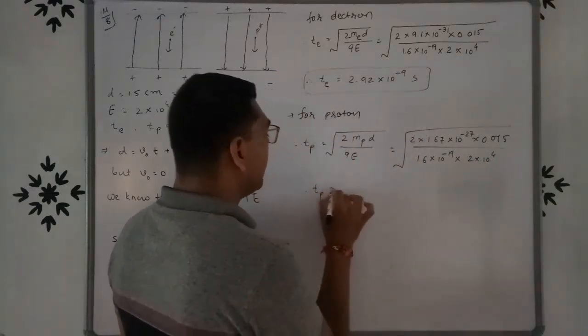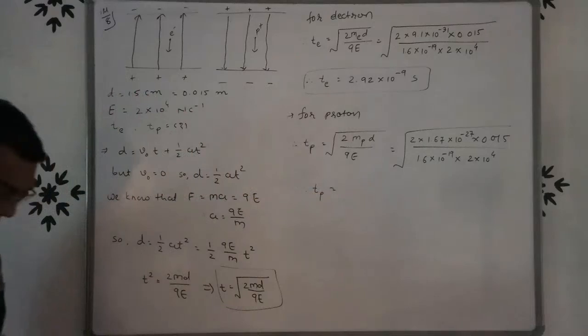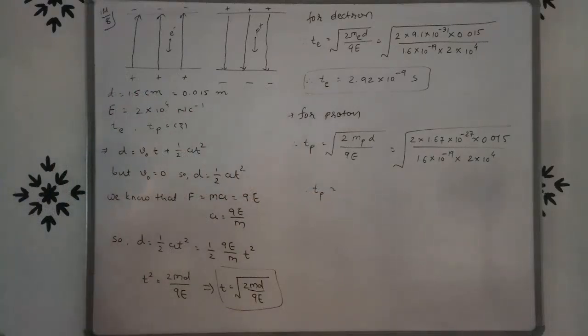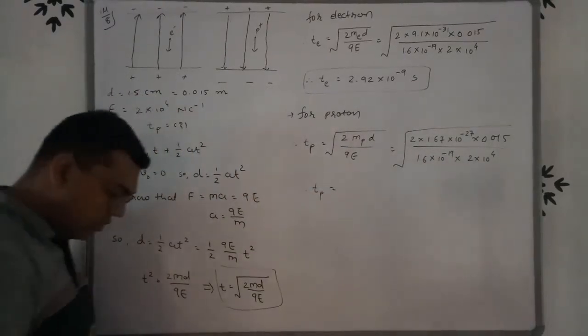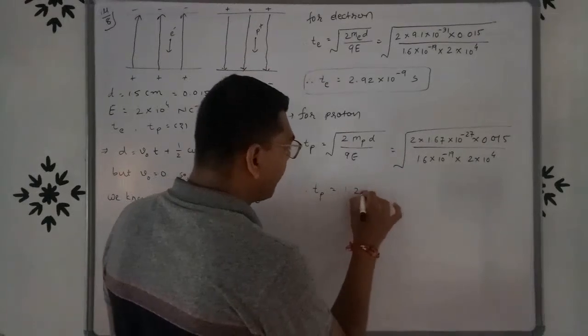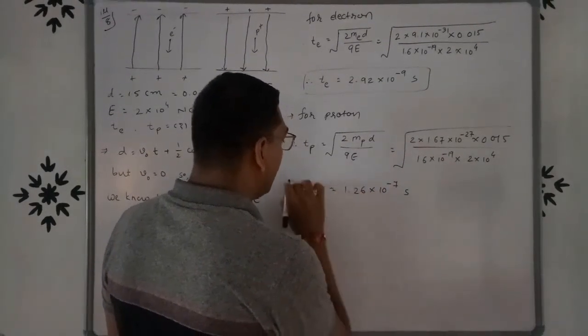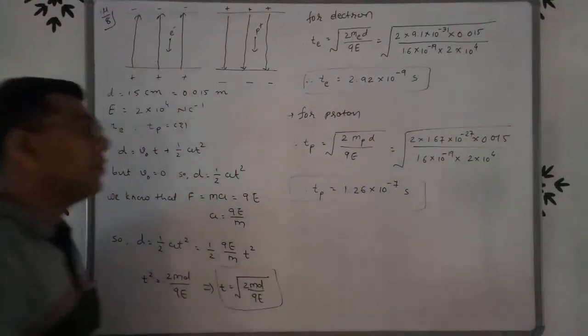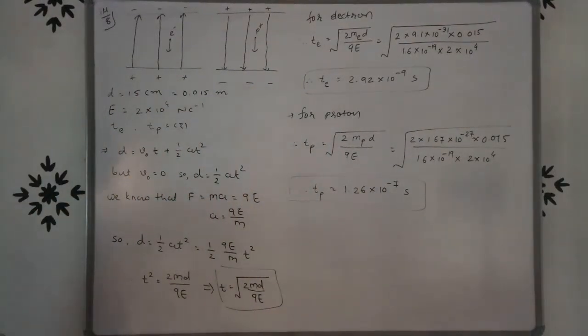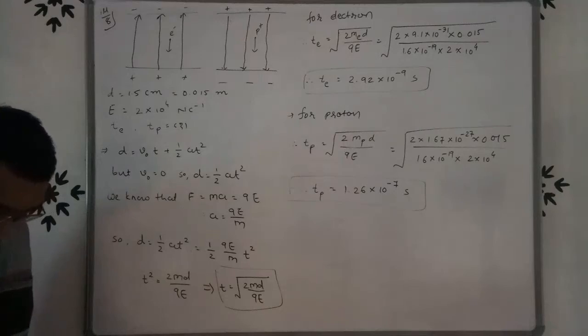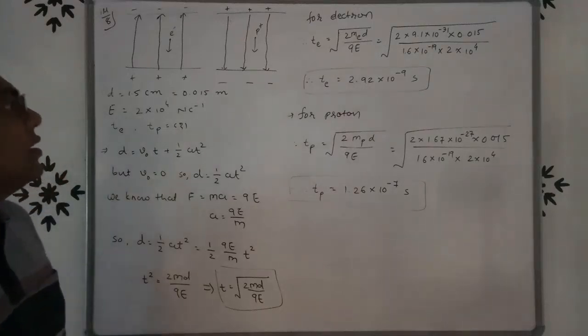So after the calculation you will get time of fall for proton is 1.26 into 10 raised to minus 7 seconds.